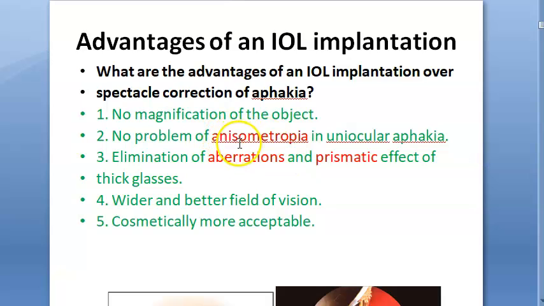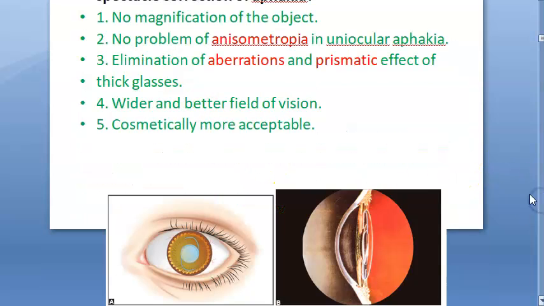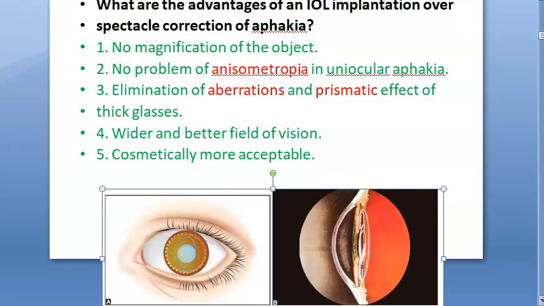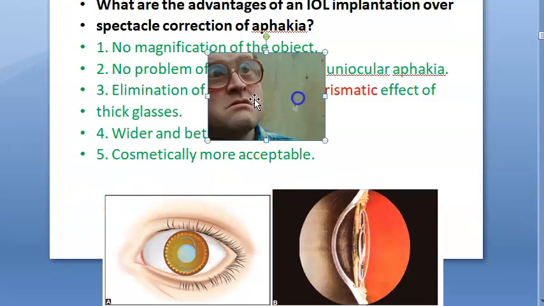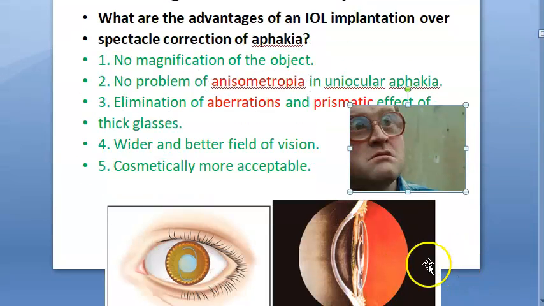Especially for aphakia, when there is no lens, you'll have to put very thick, high-powered spectacles, and if it is unilateral, they will have a lot of issues of magnification, anisometropia, aberrations, prismatic effect, etc. So IOL is better than wearing thick glasses. Remember, the magnification will be very high if you wear spectacles. That magnification will not be good, right? You just want to see, you don't want it magnified.